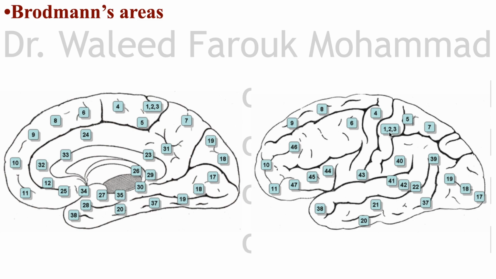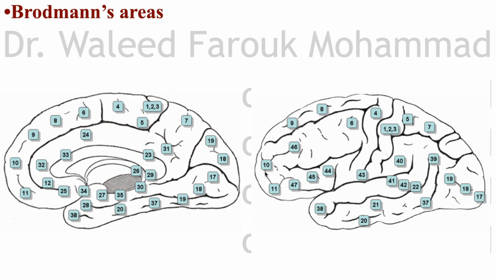Area 4, function-wise, lies on the precentral gyrus, so it belongs to the primary motor area. Areas 3, 1, 2 are the primary sensory area. For example, area 5 and area 7 are the association sensory area. Here, area 40 is the sensory speech center, and area 44 is the motor speech area. The superior temporal gyrus has areas 41 and 42, the primary auditory areas, and so on.